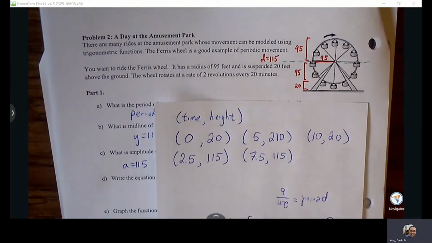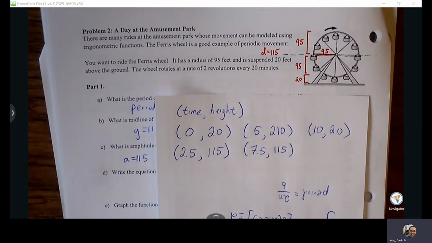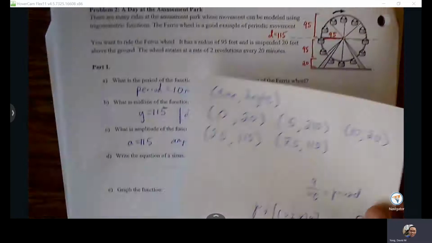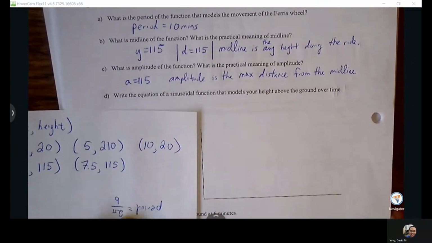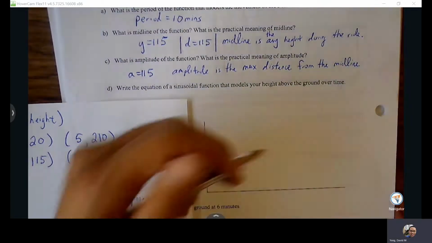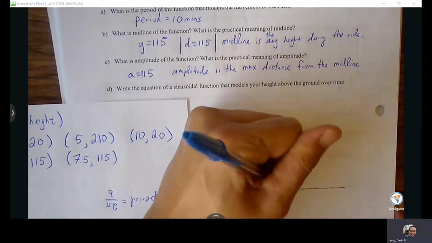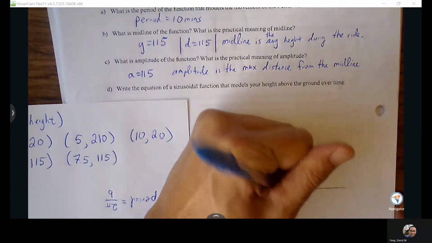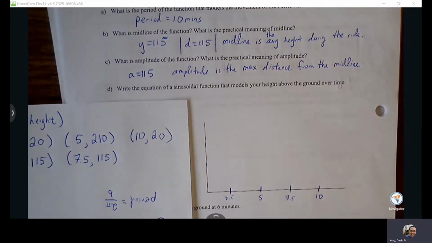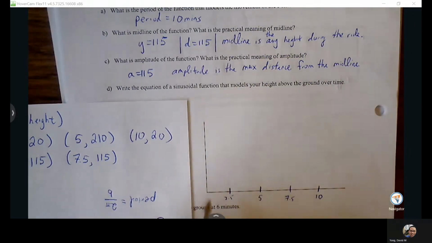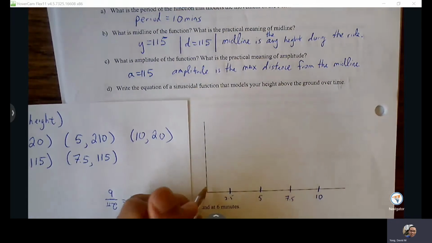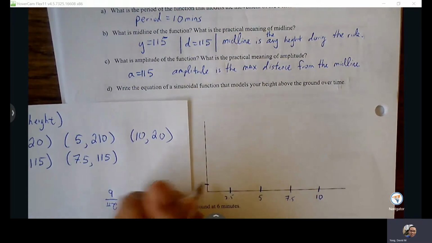Okay, so spend a few minutes to see if you can graph these ordered pairs onto the graph. So I'm just going to go by 2.5. And I want to go all the way to 210, so I'm going to start at 20, and I'll go by 20.